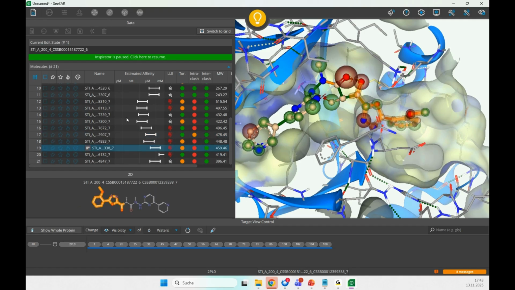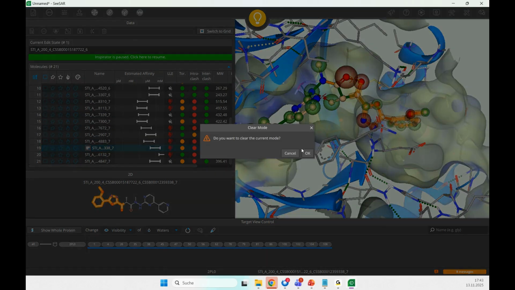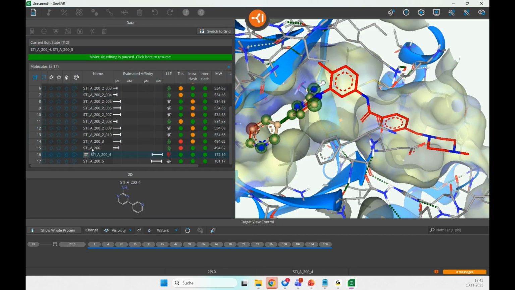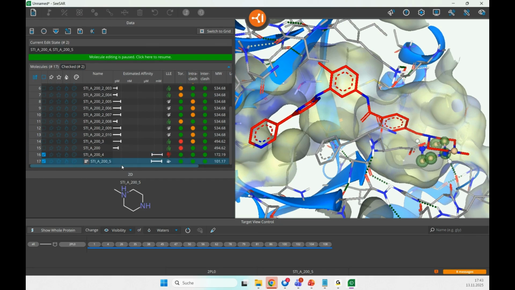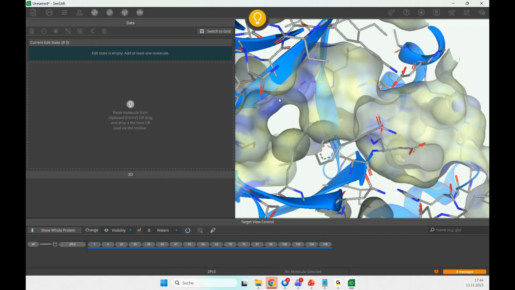I don't know if they were too far off. I didn't try this in the first one, so let's see what happens. I'm using the same algorithm as we did for the scaffold replacement recall. Now it's linking and merging. Yeah, it worked. And here you can see ideas how to connect both compounds in the best possible way.